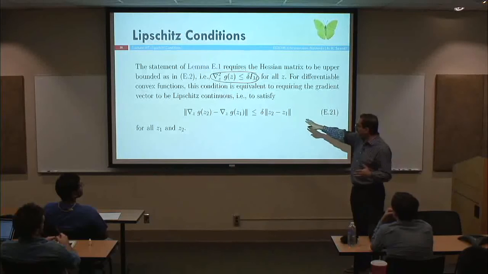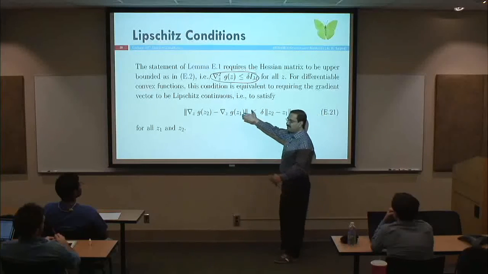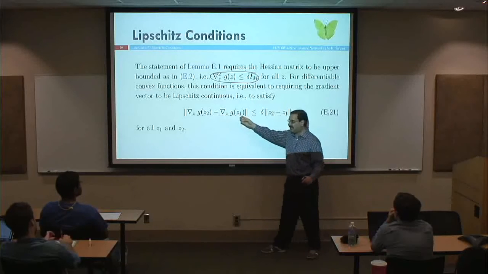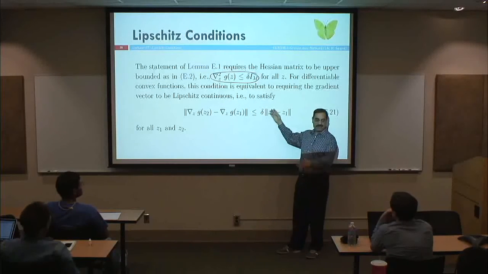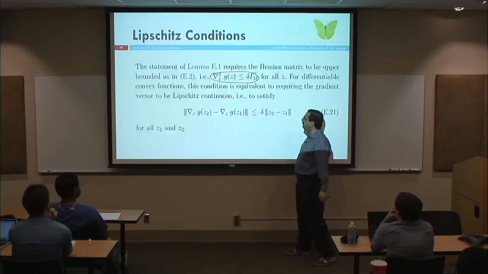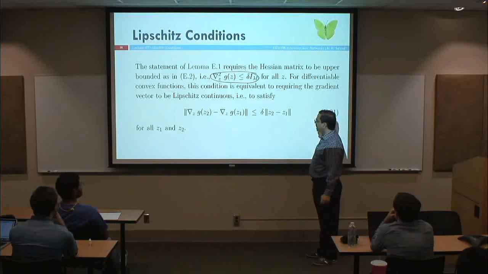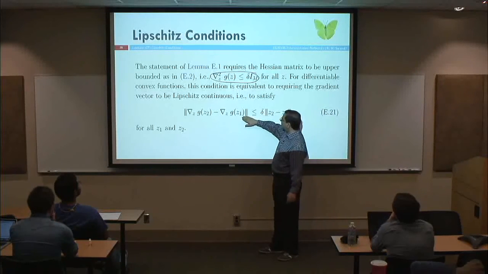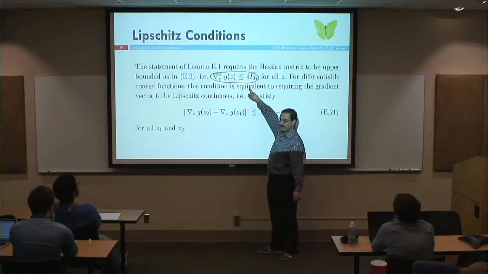But it's nothing more than saying, when I say the gradient is Lipschitz or a function is Lipschitz, it just means that the increments in the function are upper bounded by some constant times the increments in the argument. That's all. Okay? Fine? Now, I want to show that this implies this and this implies that.